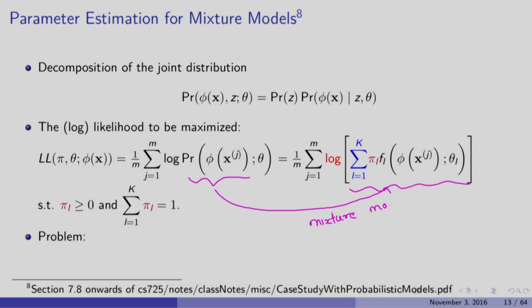The summation is over all the possible latent classes or clusters. Now the log likelihood has to be maximized, and in general we are interested in the parameters pi and theta. Specifically for a mixture of Gaussians, we are interested in pi, mu and sigma.